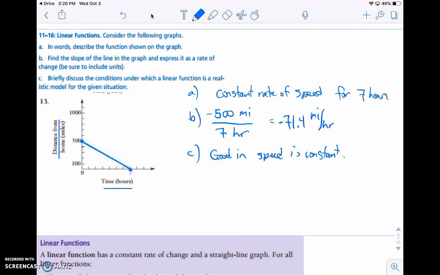This would be a terrible model if we're looking at stop and go traffic going through a city or something like that. But if we're looking at constant rates, and if we're in an airplane, this would be even better, because most of the time your airplane's going to get up to speed, and then you're going to fly at that speed for a significant amount of time with a little bit of variation possibly. But it's good, I should say, if the speed is constant.